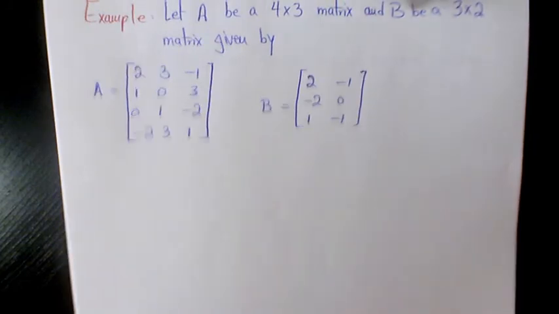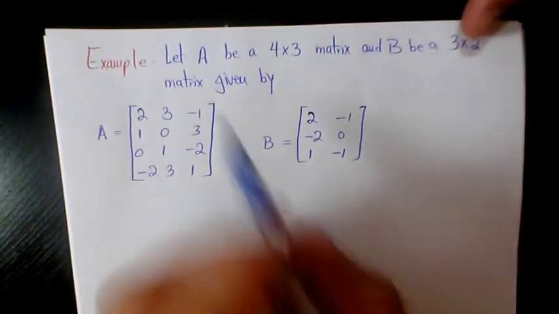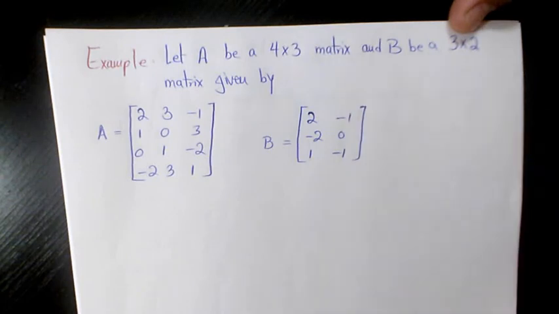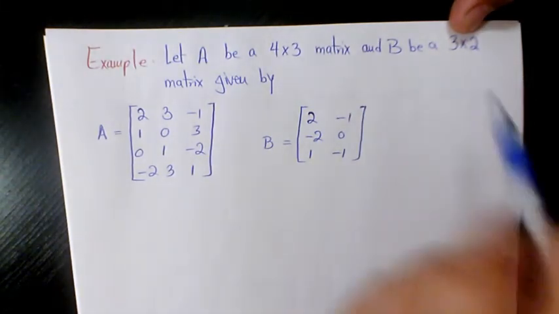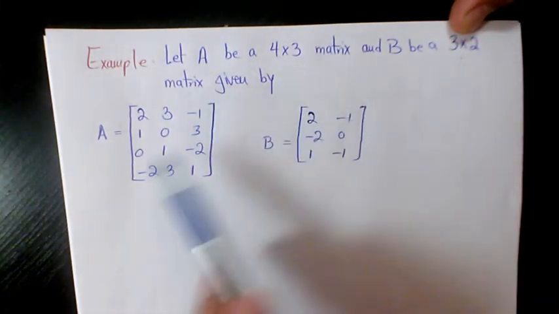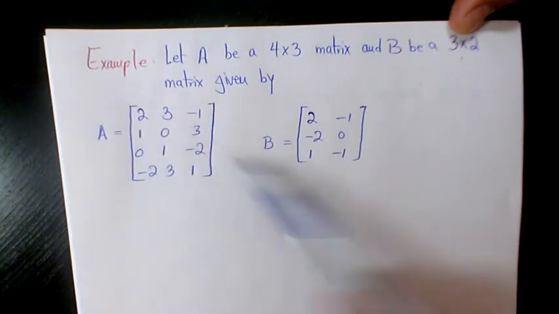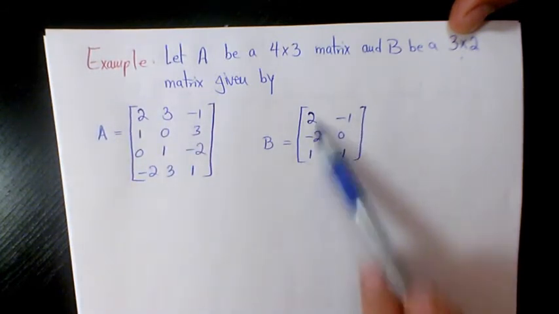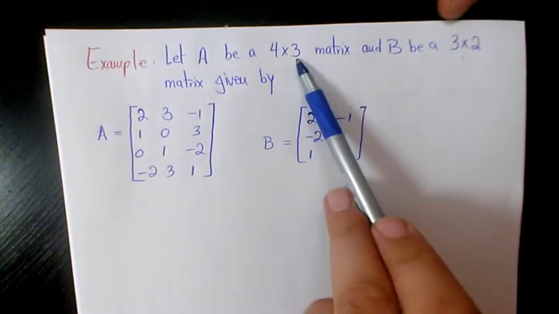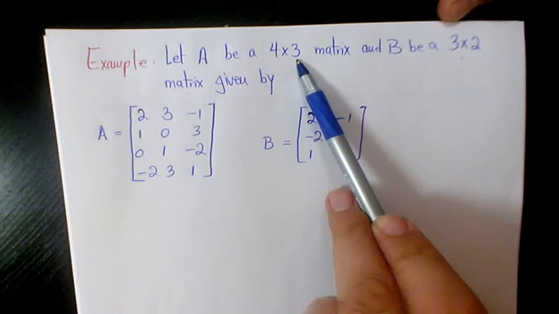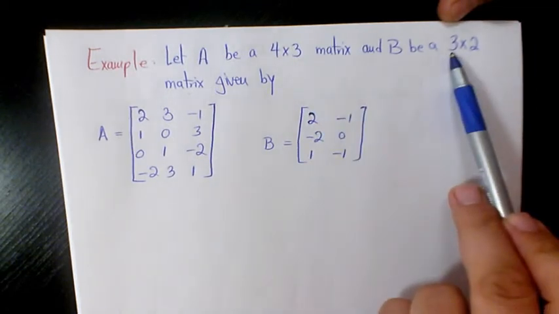Next one. Let A be a 4 by 3 matrix and B be a 3 by 2 matrix given by, here 4 by 3, and here we have 3 by 2. So the number of columns of the first matrix equals the number of rows of the second matrix.